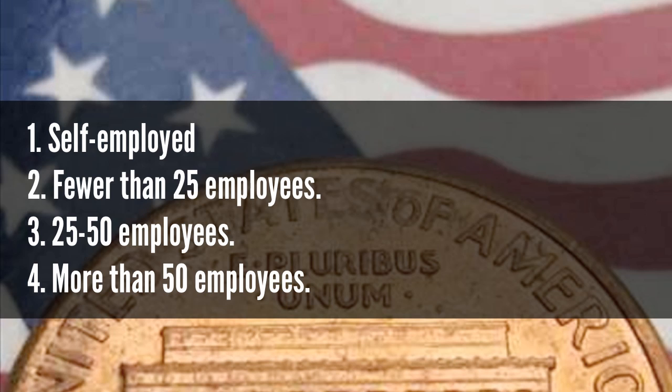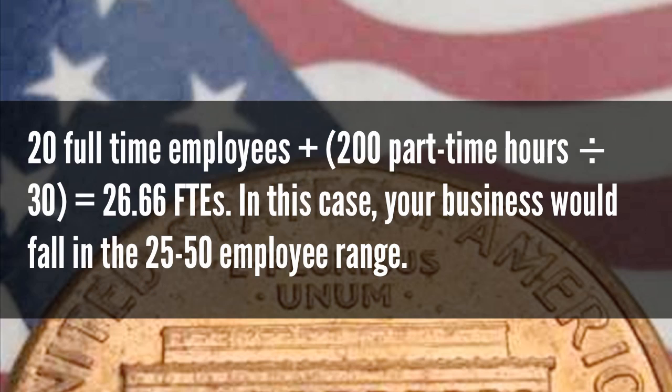For example, if your company has 20 full-time employees that work 40 hours per week, plus another 10 part-time employees that work 20 hours a week, you would calculate your FTEs as follows. 20 full-time employees plus 200 part-time hours divided by 30 equals 26.66 FTEs.